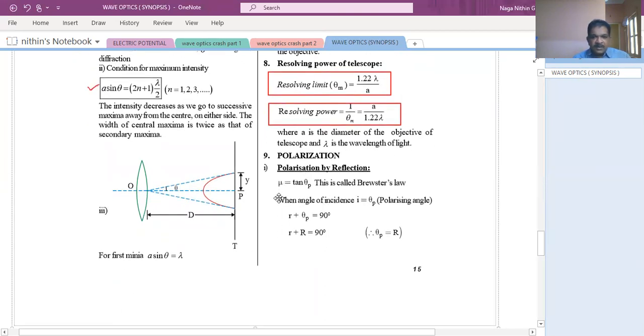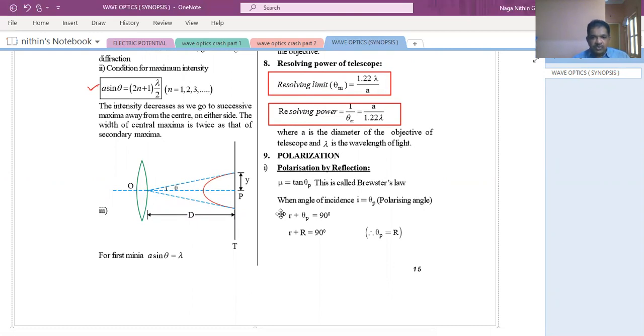Now next, what is meant by polarization? Polarization means light intensity will decrease when it passes through some crystals. Actually, light is an electromagnetic wave, so electric field vectors and magnetic field vectors will be there. Magnetic field vectors we can't trace. In the electric field also, perpendicular components and parallel components of light will be there.